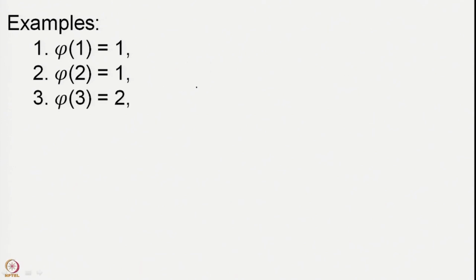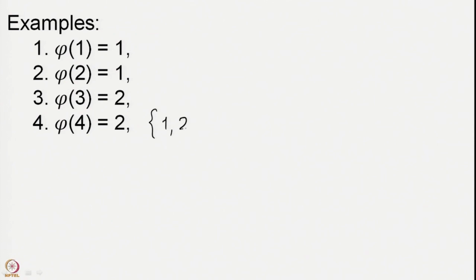If you go one step further, phi of 3 happens to be 2. Let us write all the elements from 1 to n, and now we remove the elements which are not co-prime to 3. 1 and 2 happen to be co-prime to 3. So here the value of the function phi at the number 3 is equal to 2.